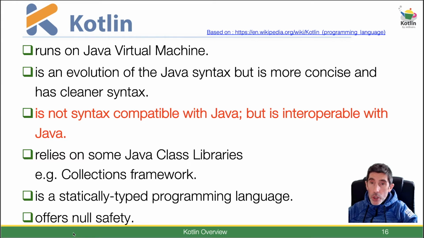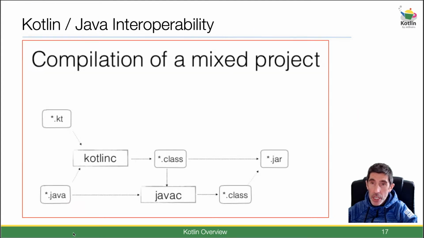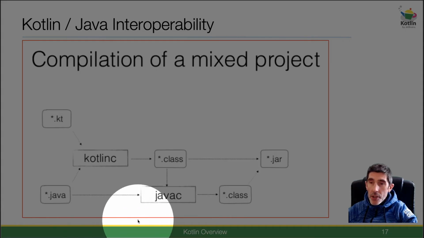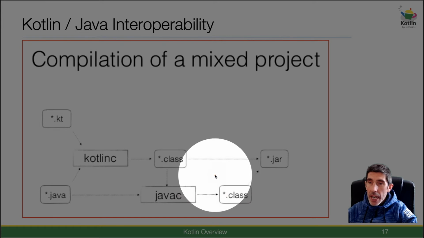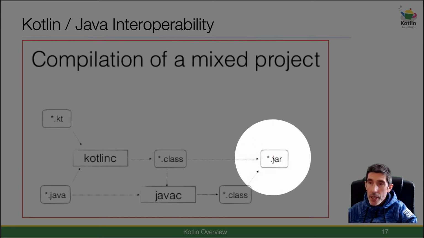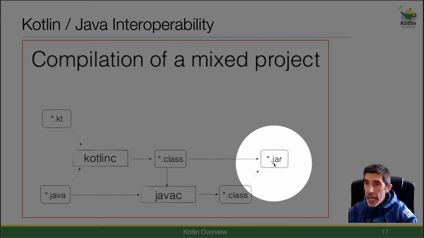So to talk a little bit about the next point, Kotlin is not syntax compatible with Java, but is interoperable with Java. Just revisiting how our Kotlin and Java files are compiled: they go through a slightly different process, but they do end up with a .class, which is bundled up in a jar into your APK, and that's what's pushed onto the device. That allows for that interoperability.